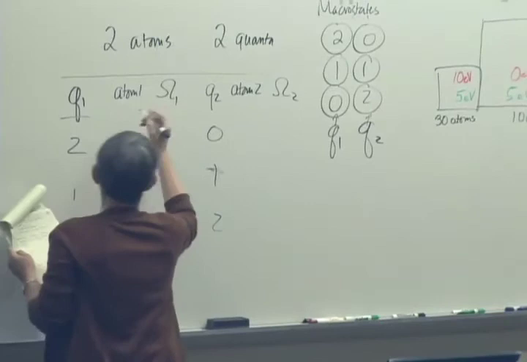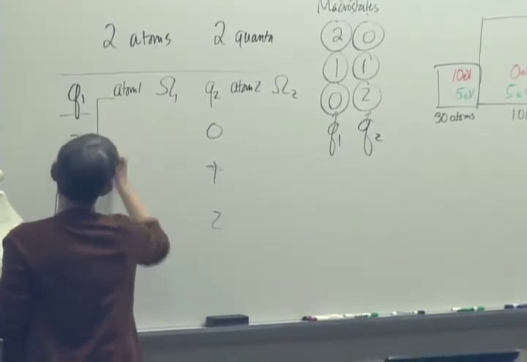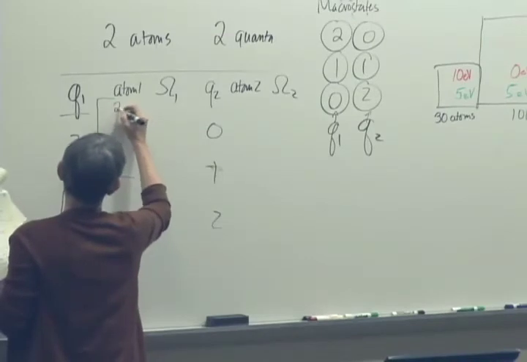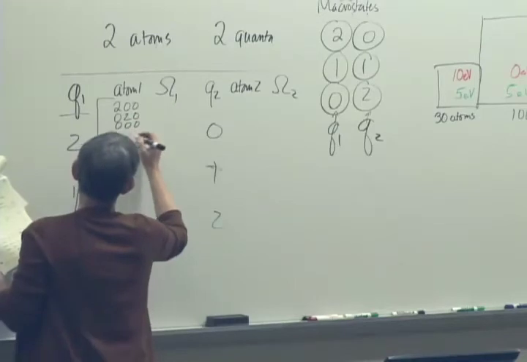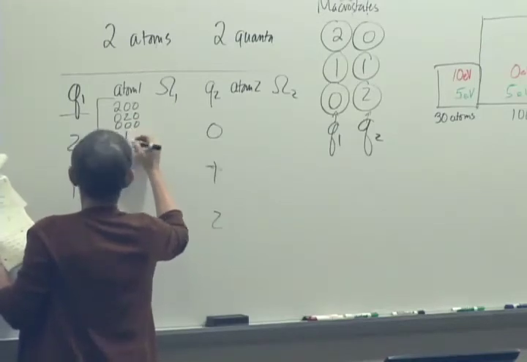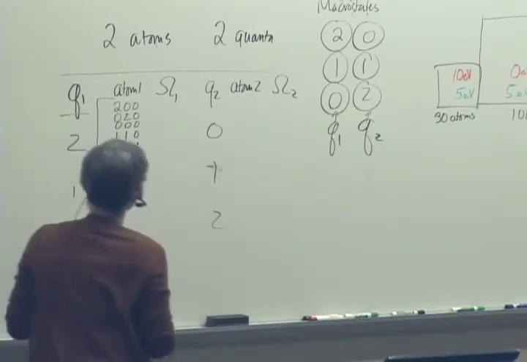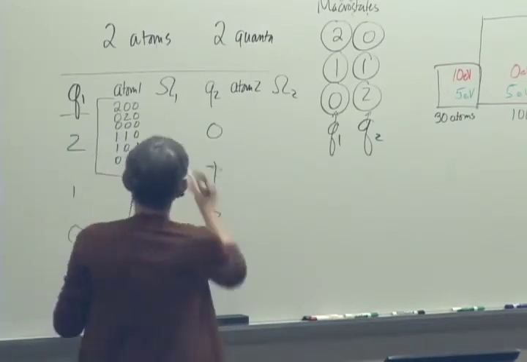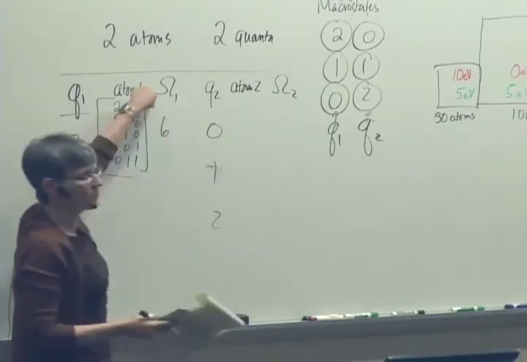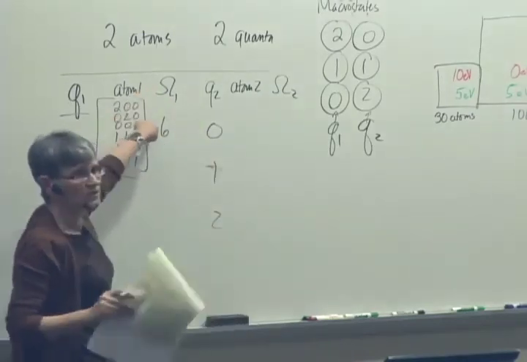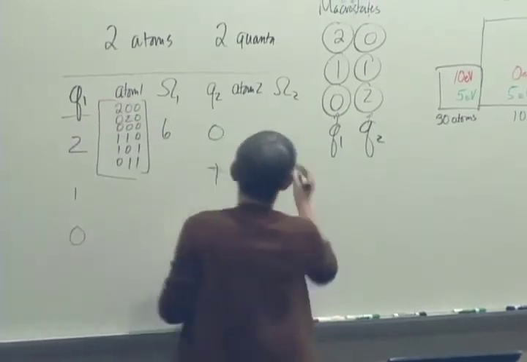And then we counted the number of ways we could do it. If we were going to put 2 quanta in object 1, we had 2, 0, 0, and 0, 2, 0, and 0, 0, 2, and 1, 1, 0, and 1, 0, 1, and 0, 1, 1. So there turned out to be 6. We call this omega, the number of possible microstates, the number of possible ways of arranging these 2 quanta among these 3 oscillators. There were 6 of them.